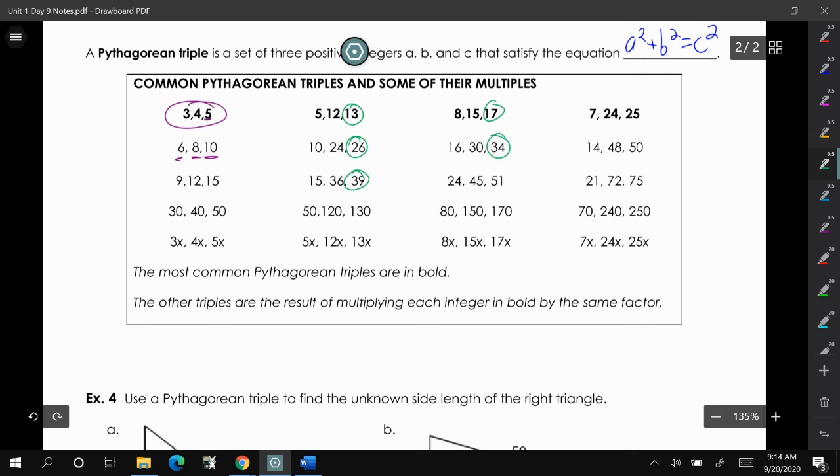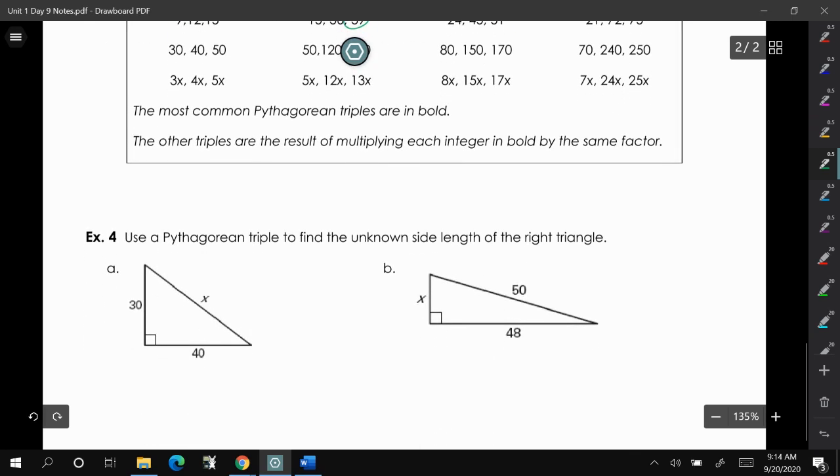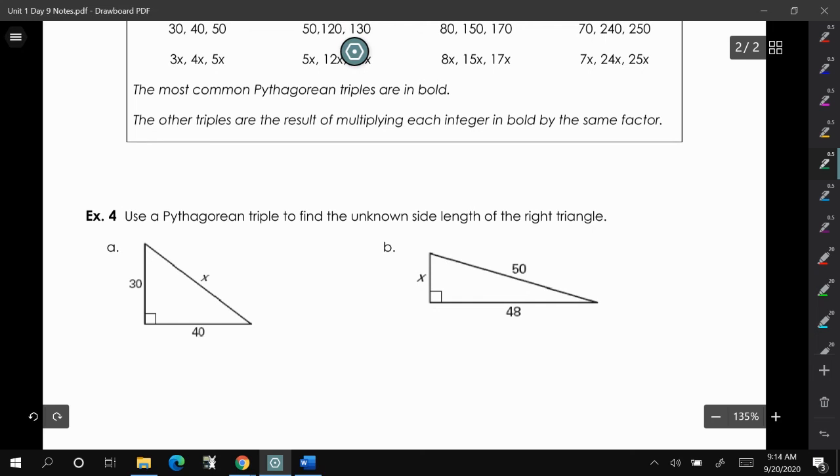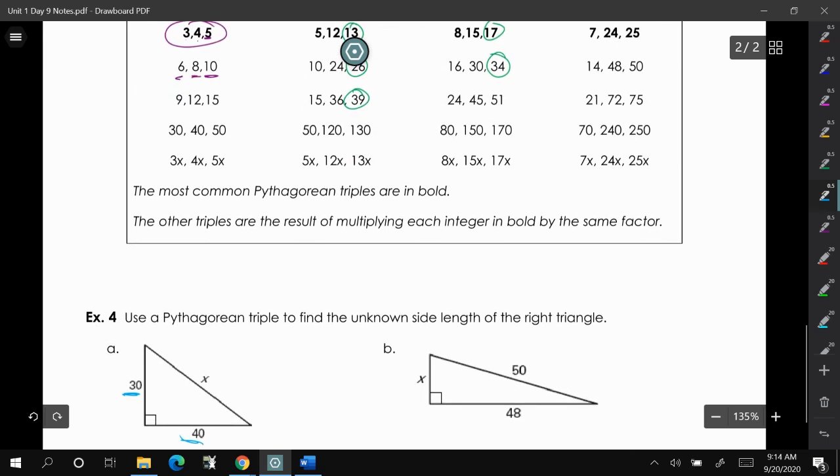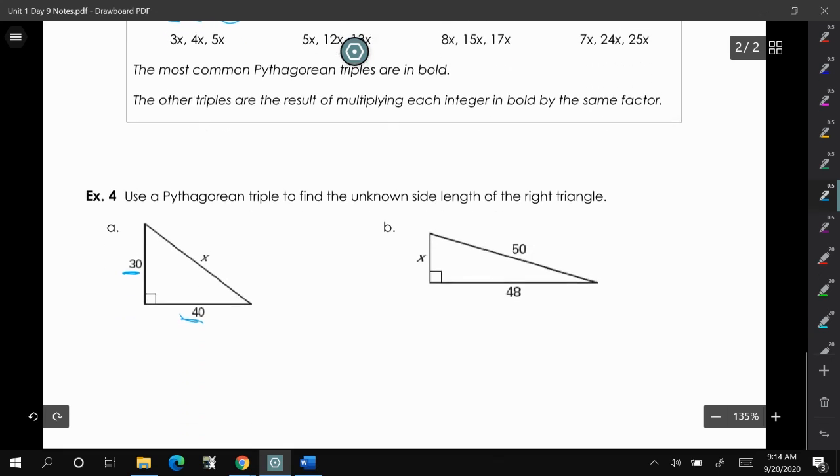So down here it says use a Pythagorean triple to find the unknown side length of the right triangle. Well, we have 30, 40. So if we look at our table up here, 30, 40, that means the missing side of the hypotenuse must be 50. So x equals 50.